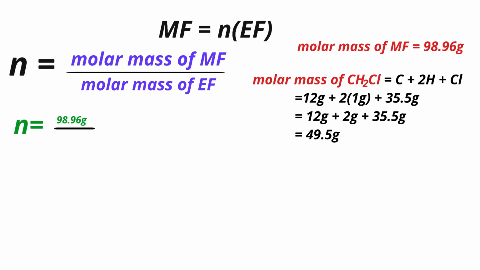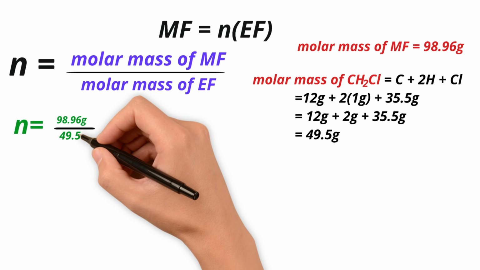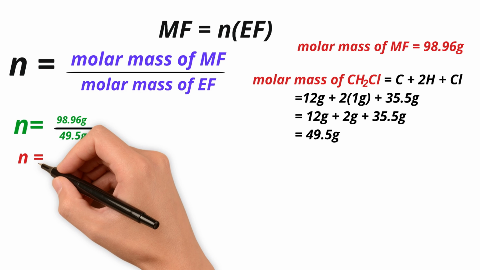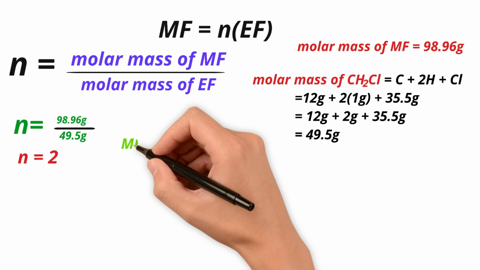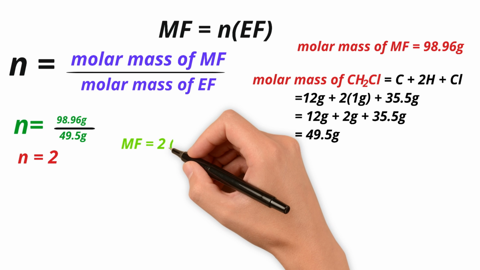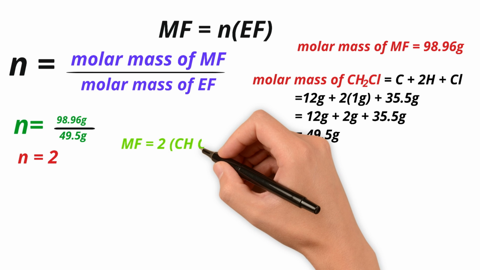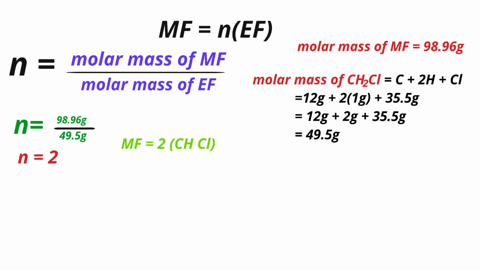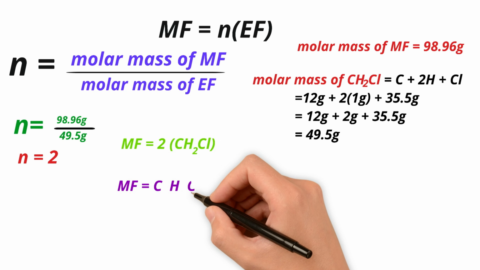N is equal to 2. Now, molecular formula is equal to N times empirical formula. Empirical formula here is CH2Cl. Now, molecular formula is equal to C2H4Cl2. Thank you.